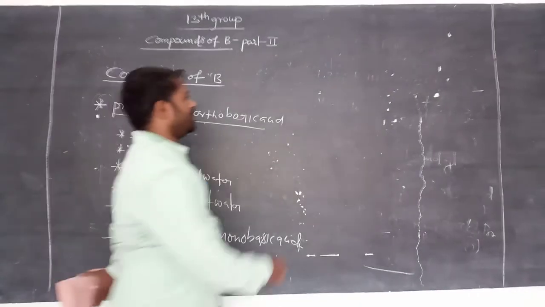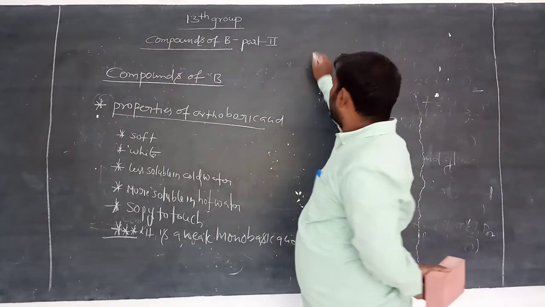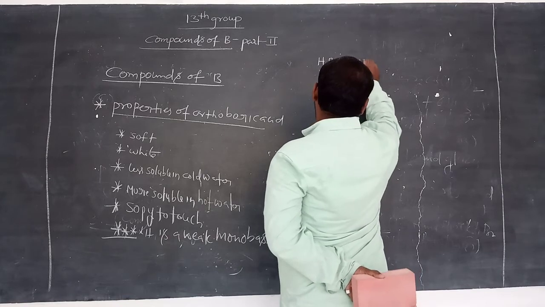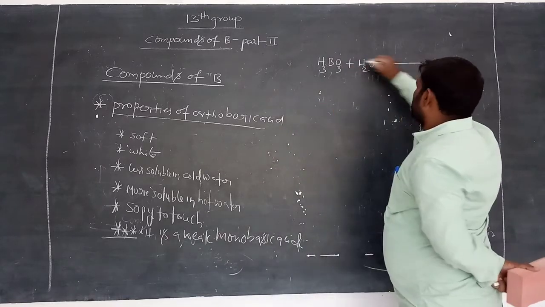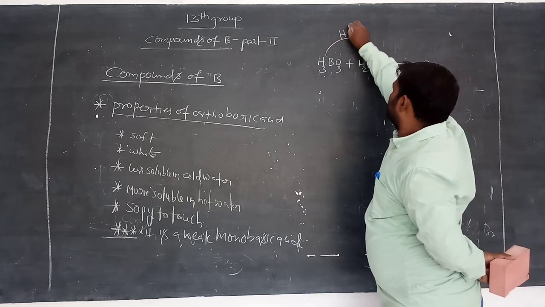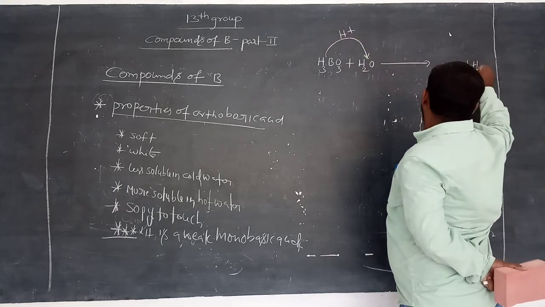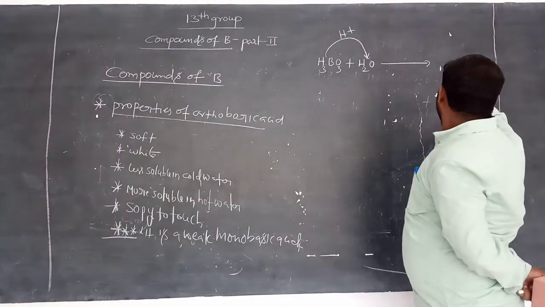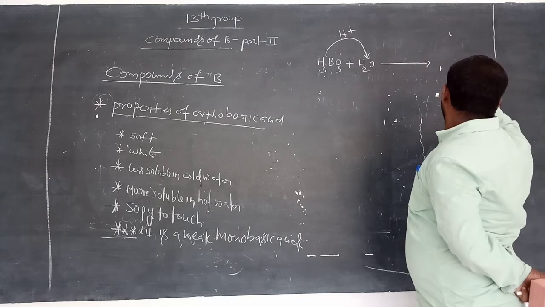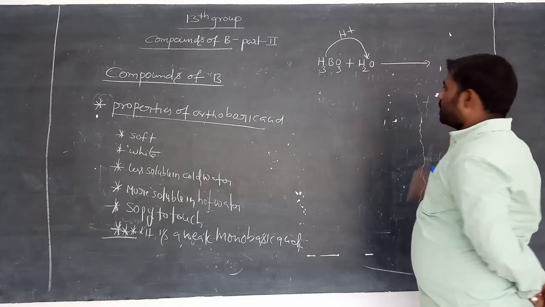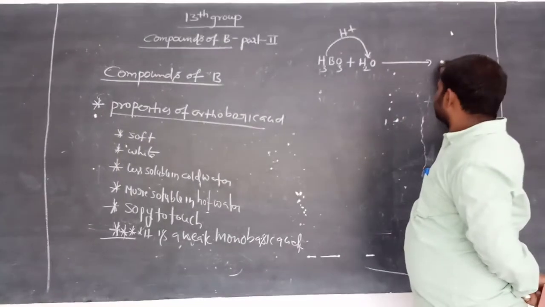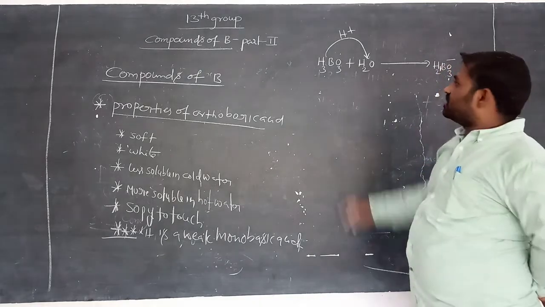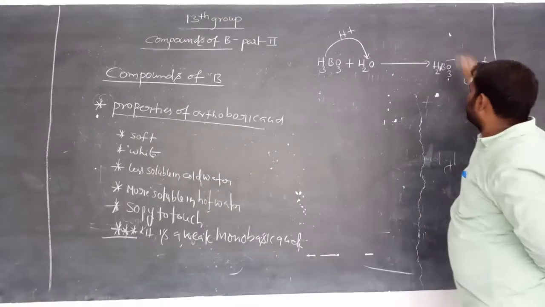Already we discussed that. What does weak monobasic acid mean? Let's see the equation. This is orthoboric acid. When dissolved in water, it donates 1 H plus to water, which becomes H3O plus, hydronium ion. Then it becomes H2BO3 minus. Why is it minus? It loses 1 H plus, so instead of that, we have to add 1 minus.